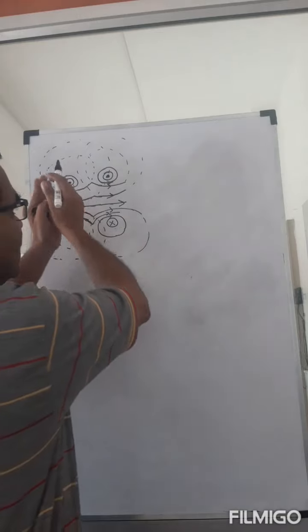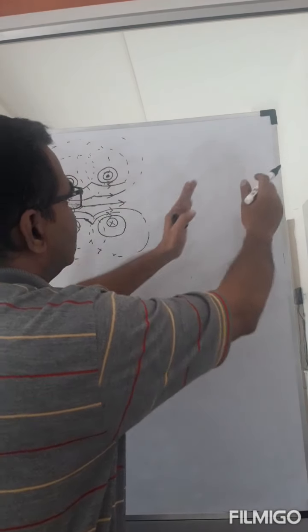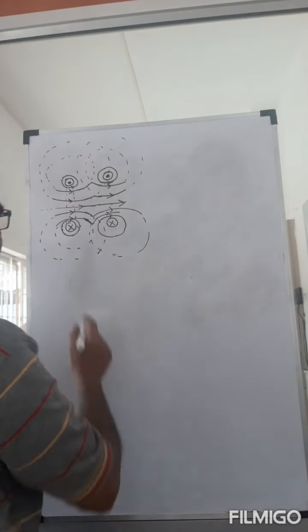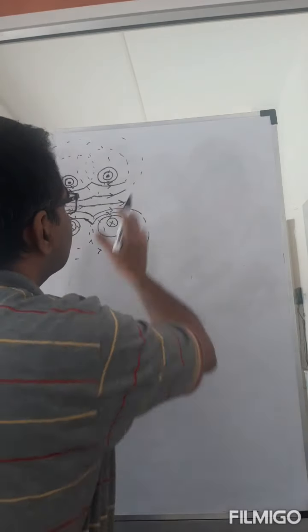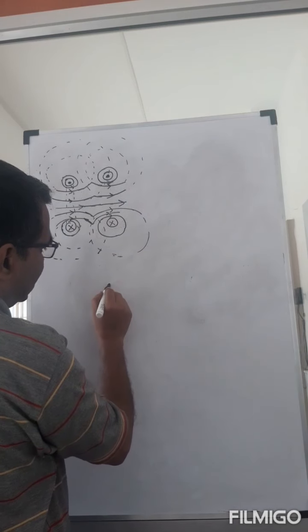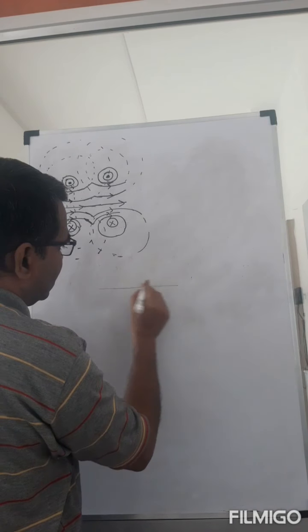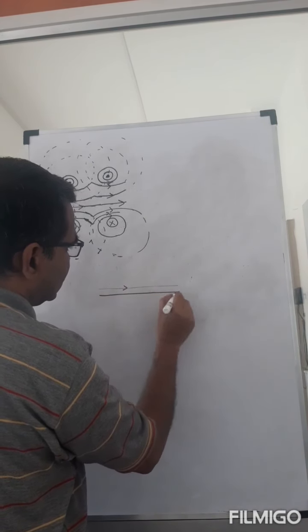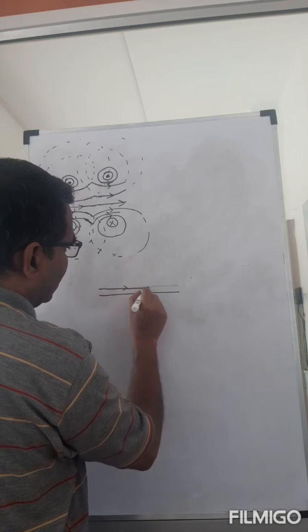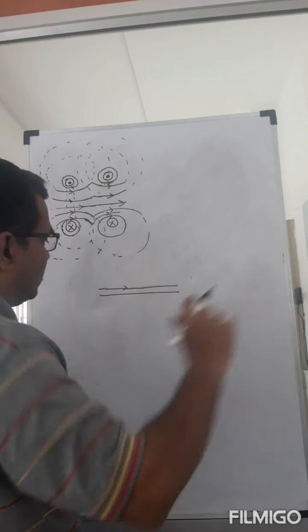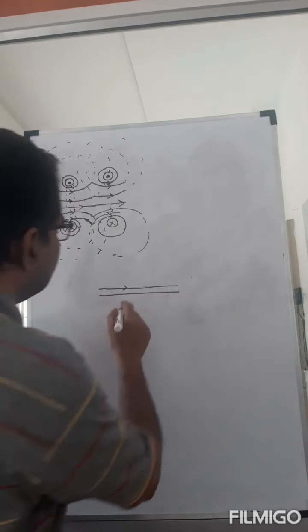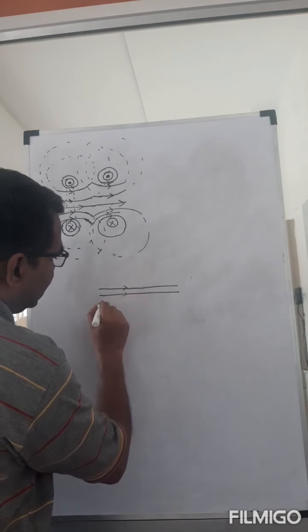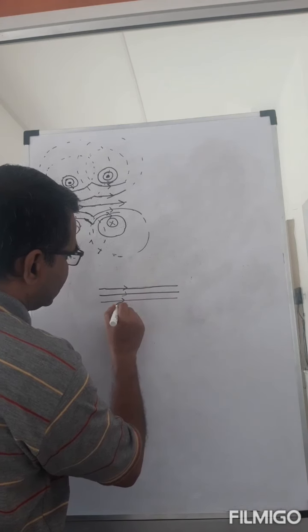Okay, so if you have lots and lots of turns, and if you bring them all together, then ultimately this will produce a magnetic field like this. If I have an infinitely long solenoid with a small radius, then inside the field is going to be like this.